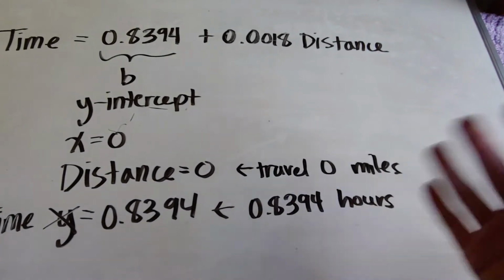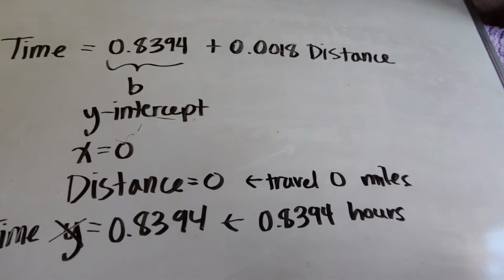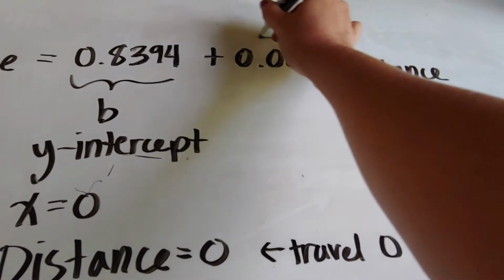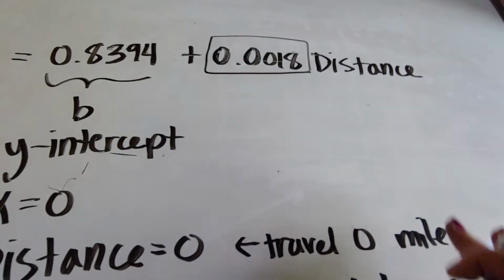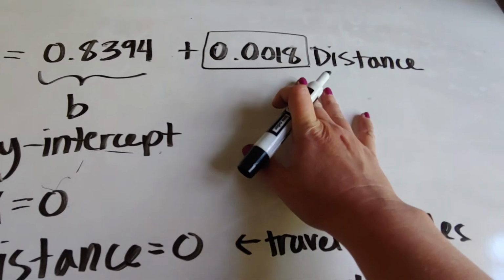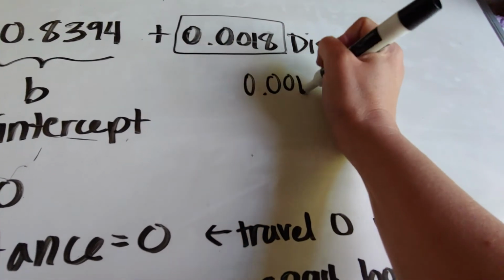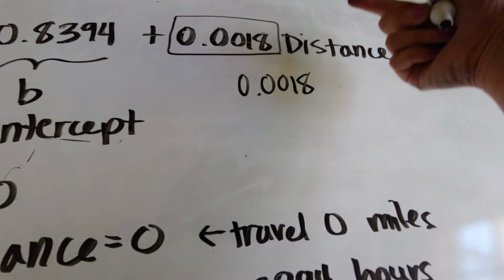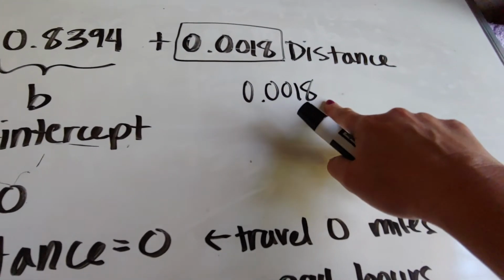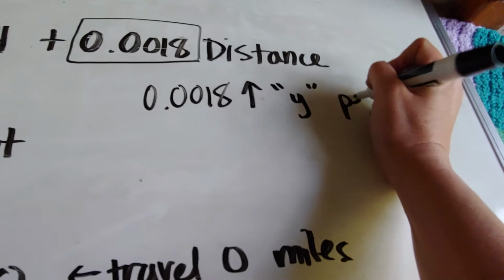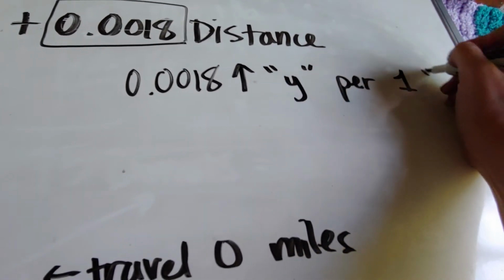Okay. On the flip side, the slope always has meaning. It is never garbage. Okay. So here's our slope. Now, how you interpret it is we say that it is 0.0018, and because it's positive, that means it's going up. And it's going up y per every 1x.